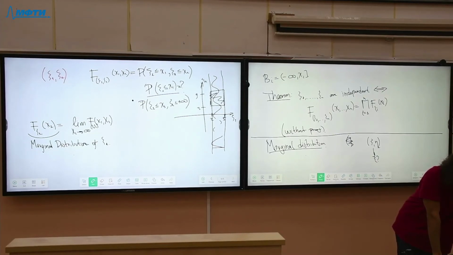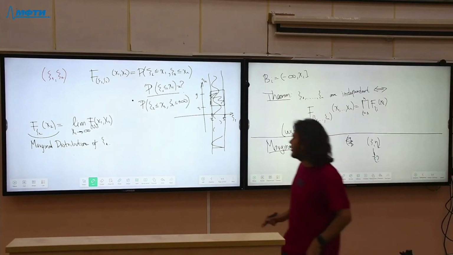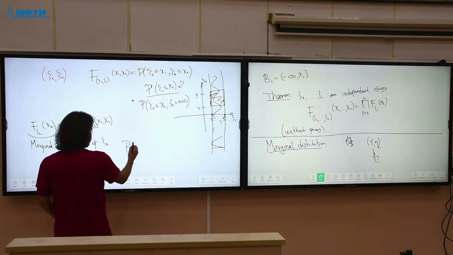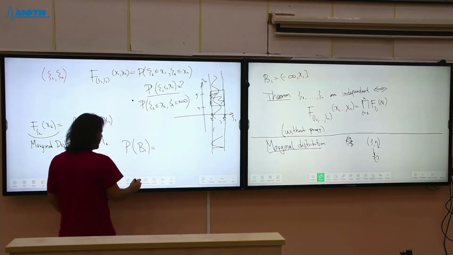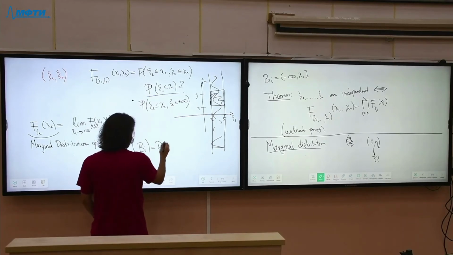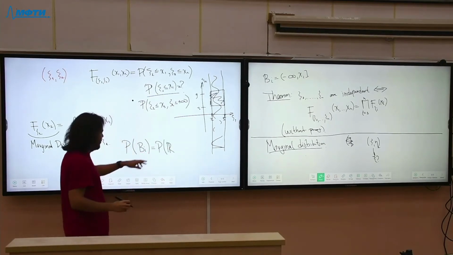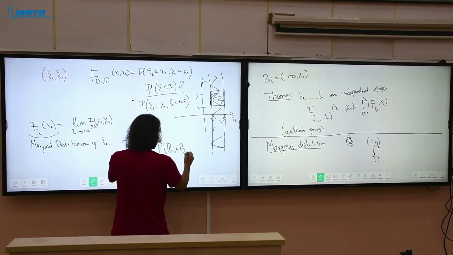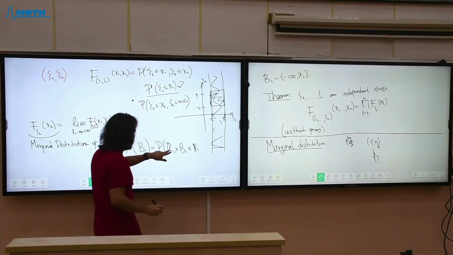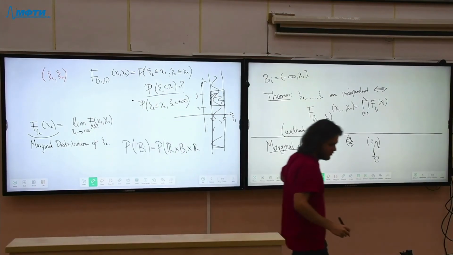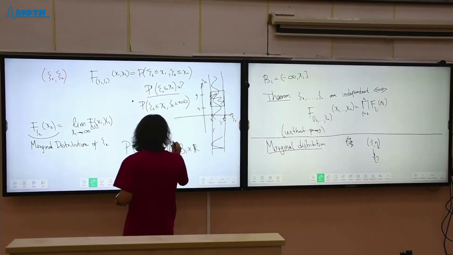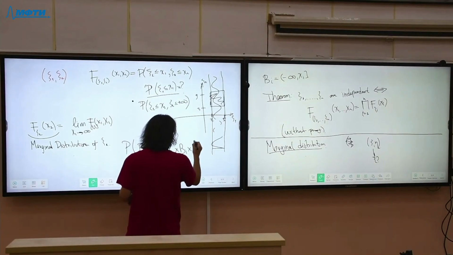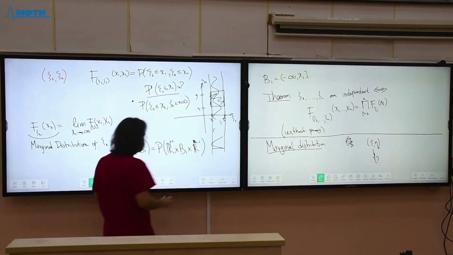Let me write that. If we are talking about a probability distribution, then the probability distribution of V_i, for every i, is just the probability distribution of R, ... R, with i minus 1 of them.